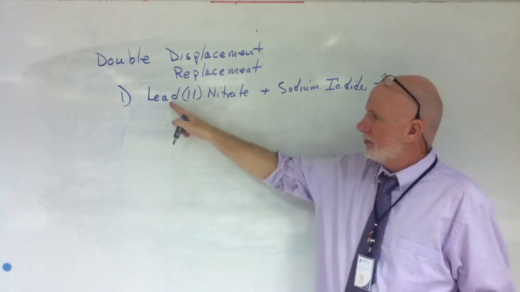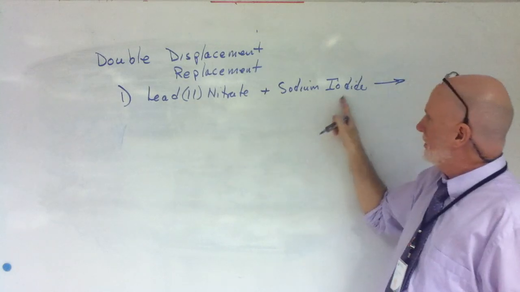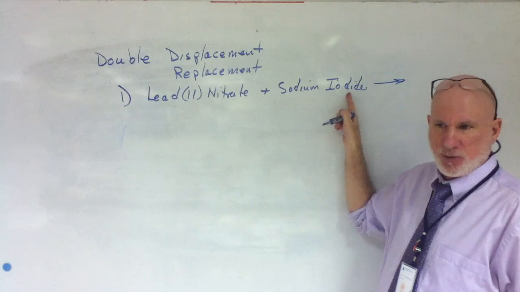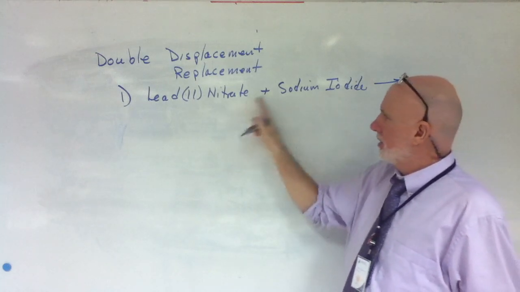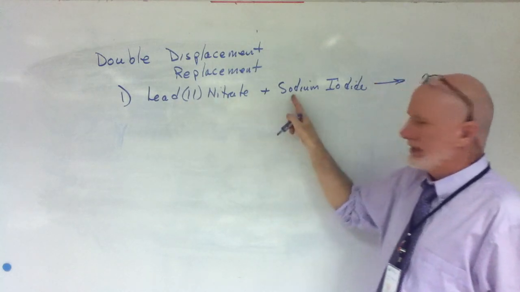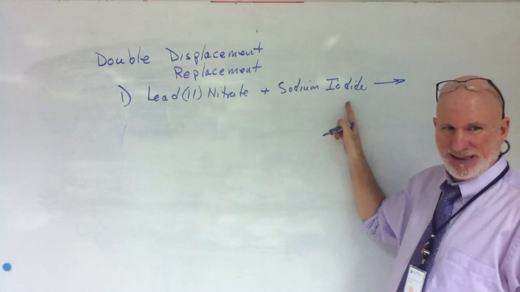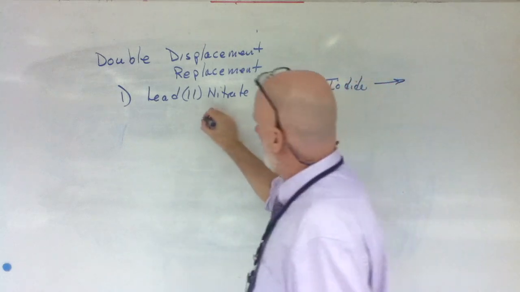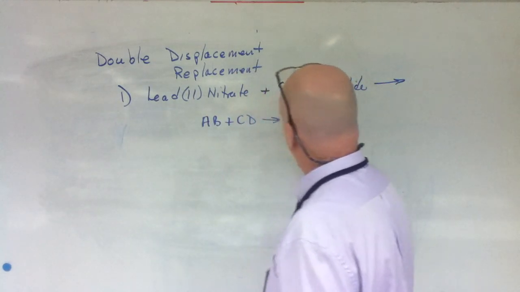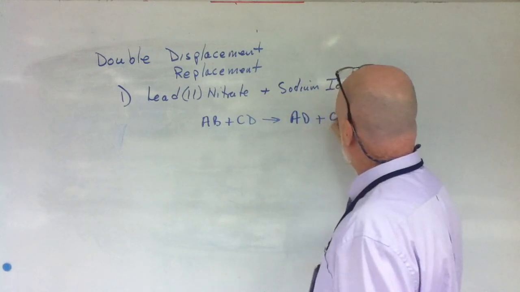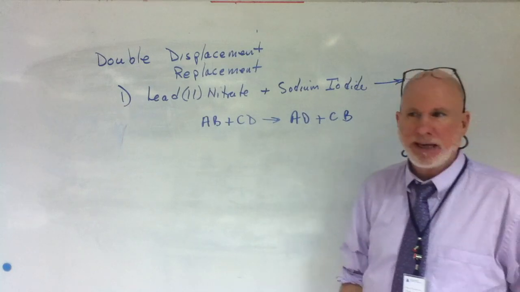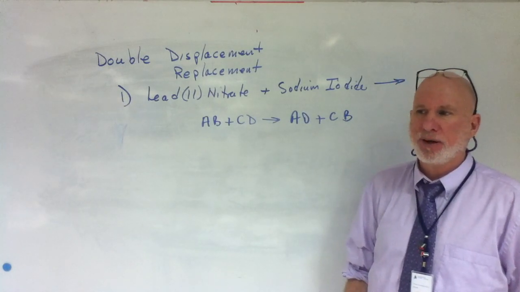You're going to combine the A with the D. You're going to exchange positive and negative components, displace one for the other. And then you're going to combine C with B. So AB plus CD yields AD plus CB. Make sense? You're simply exchanging the positive and negative components.